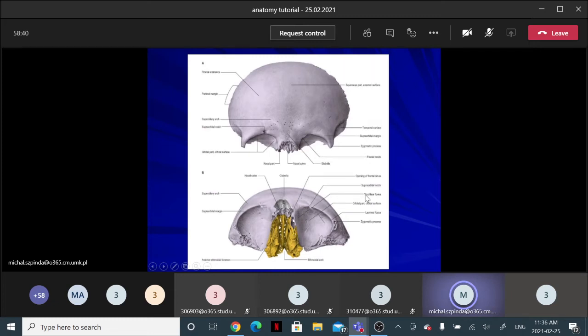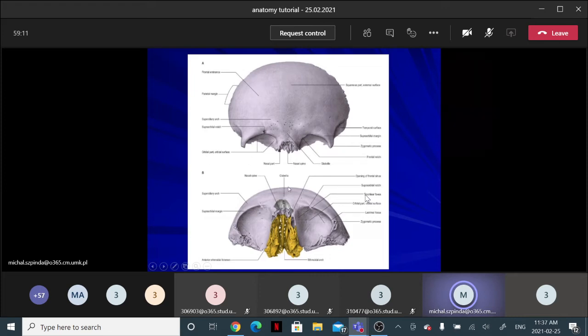So it's closed in front and opened behind. Its underside is rough because it has numerous semicells that complete reciprocal semicells of the ethmoidal labyrinth.